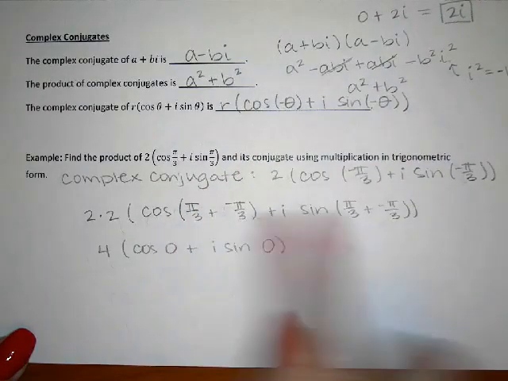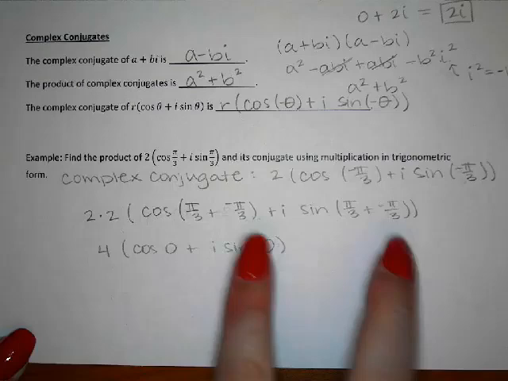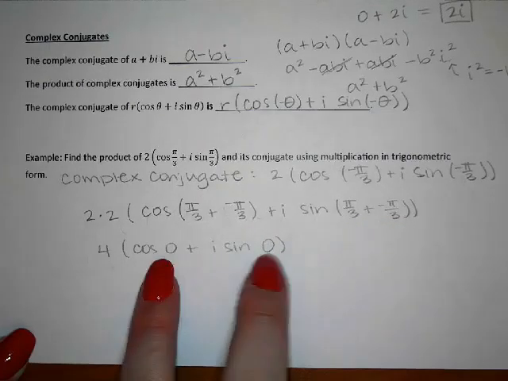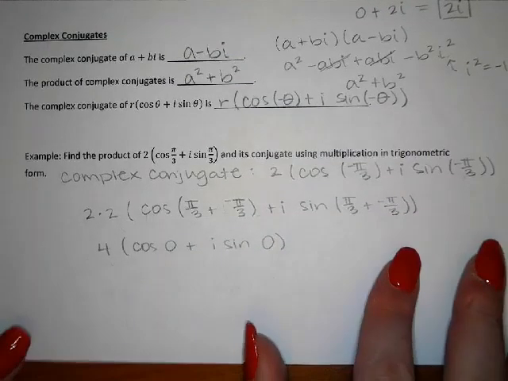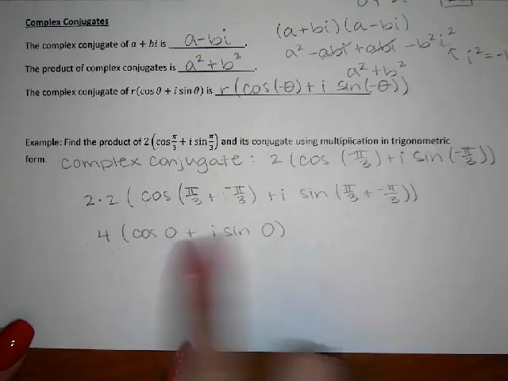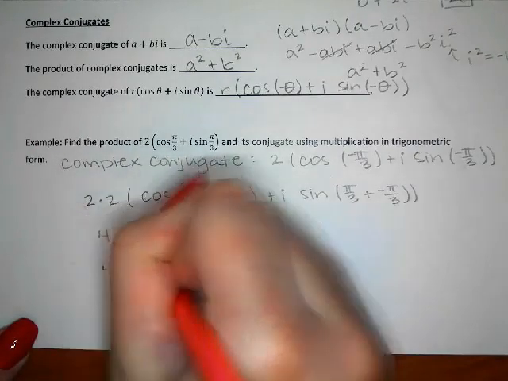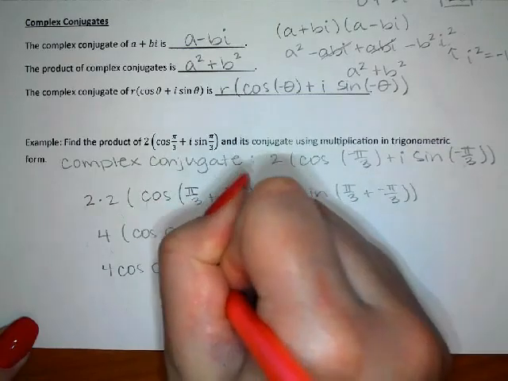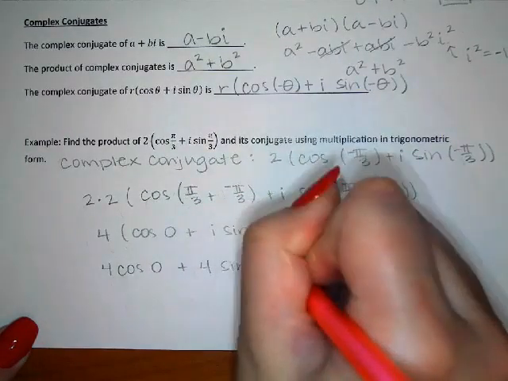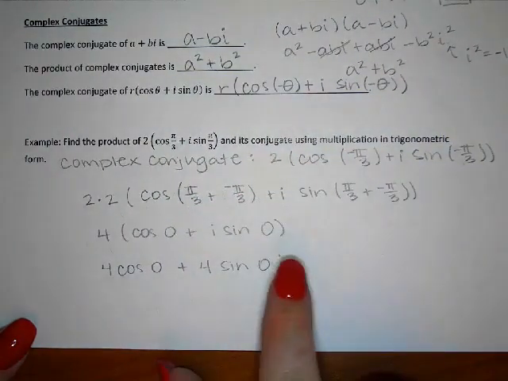And so the arguments, or the angles, are just 0 radians, or you could say 0 degrees. It doesn't matter in this case, but it's 0. So we have 4 cos 0 plus 4 sine 0 i.